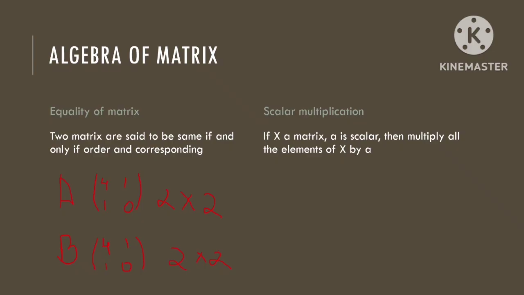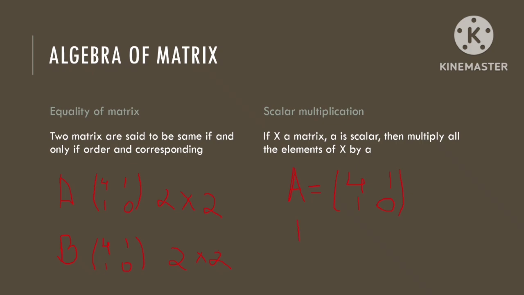Next one is scalar multiplication. For example, I'm taking a matrix A, same example, 4 1 1 0. Scalar multiplication means if this is a matrix, I'm multiplying it with k.